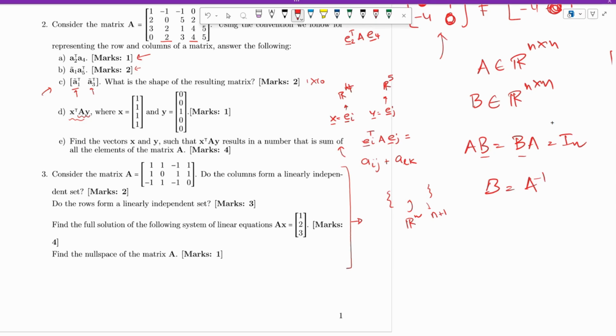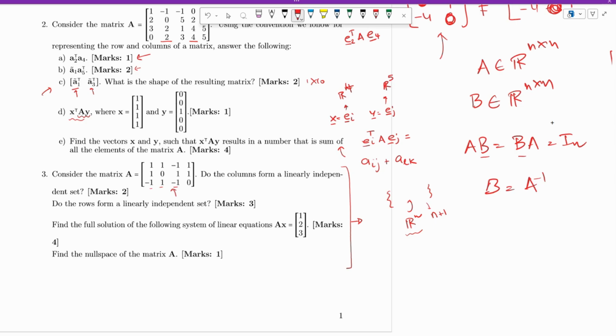Again, going back to the first module, if you're talking about vectors from Rn, the maximum number of vectors that you can take from Rn and still form a linearly independent set is n. The moment you take n plus 1, for sure the set is linearly dependent. So this is essentially a question to test that. You didn't have to compute the alphas. The columns are all from R3. There are 4 columns. For sure, that's linearly dependent. So, no, the columns do not form a linearly independent set.